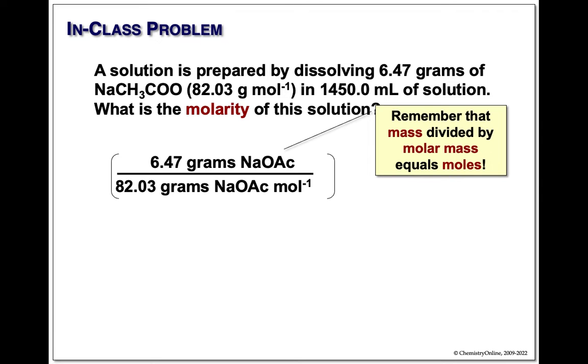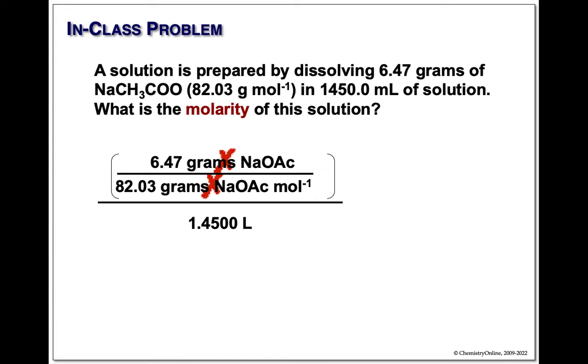We have 1450 milliliters divided by 1,000, 1.45 liters. Grams cancel, and the per mole comes up top. 6.47 divided by 82 divided by 1.45 gives 0.05 moles per liter.